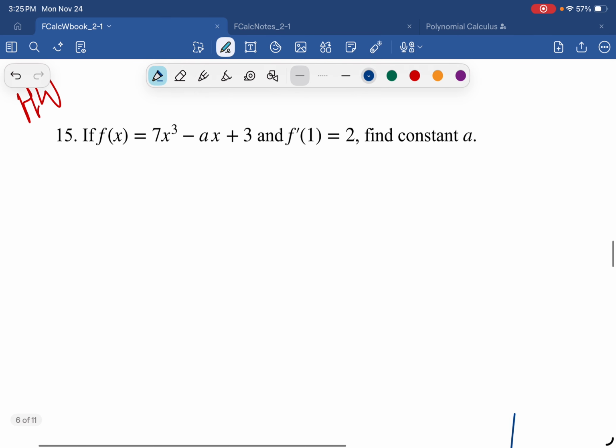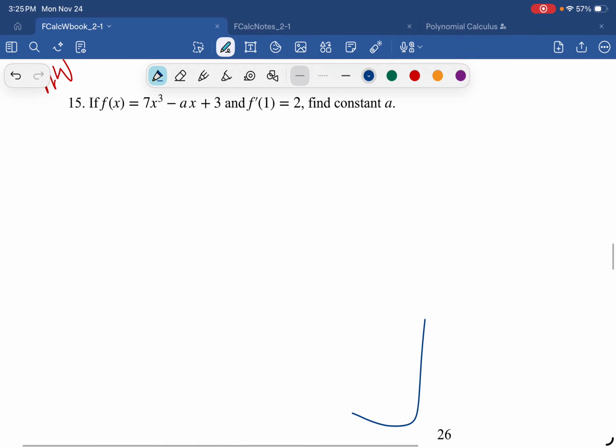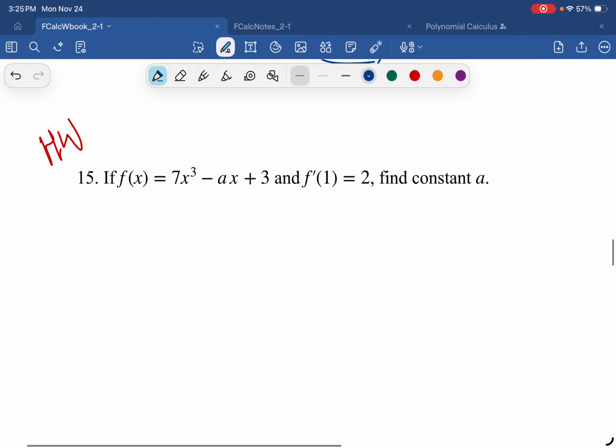All right, so if f of x equals 7x cubed minus ax plus 3 and f prime 1 equals 2, find constant a. So we just take the derivative. The derivative of f of x is the power goes down and it subtracts by 1. So 7 times 3 equals 21 x cubed minus a, and then the derivative of a constant is 0, so that's gone.